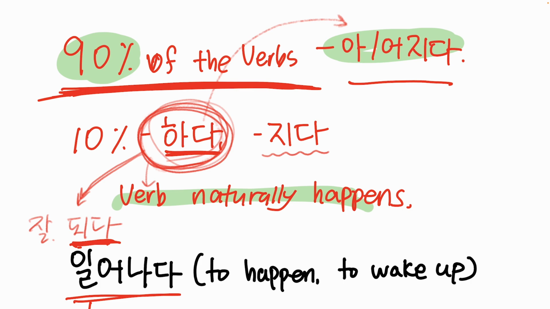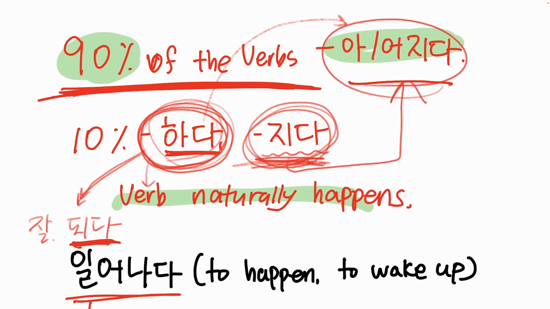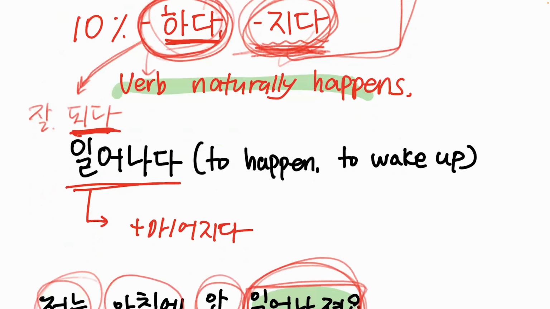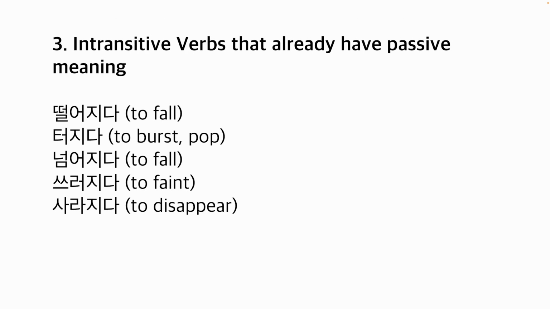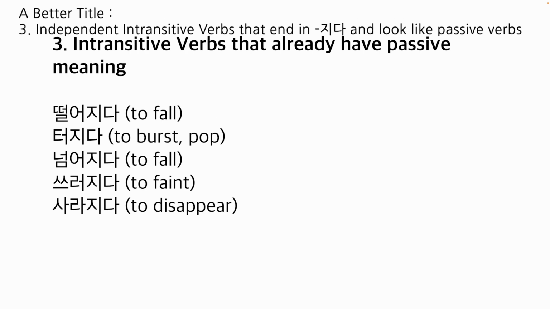And now let me explain what I mean by 지다 ending verbs. So 지다 ending verbs already end in 지다. So when you try to combine it with 지다, it will sound very, very weird. That's why 지다 ending verbs cannot be combined with 지다. And the examples of 지다 ending verbs, guys, I brought them here. So 떨어지다, 터지다, 넘어지다, 쓰러지다, 사라지다.